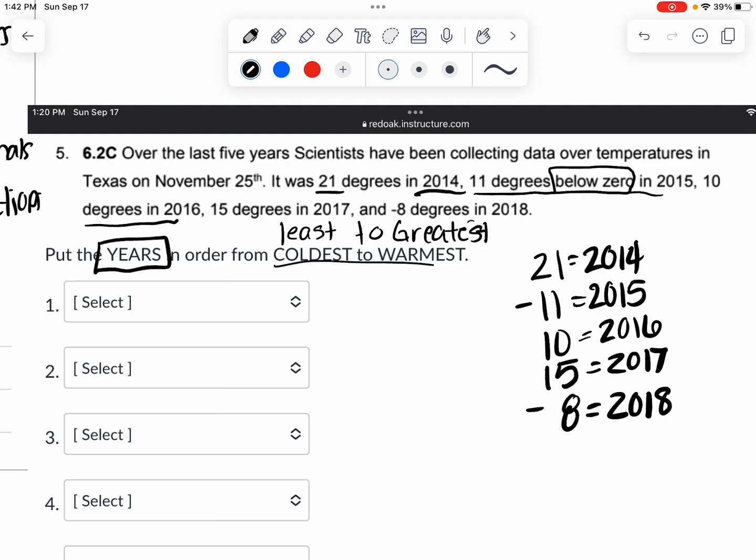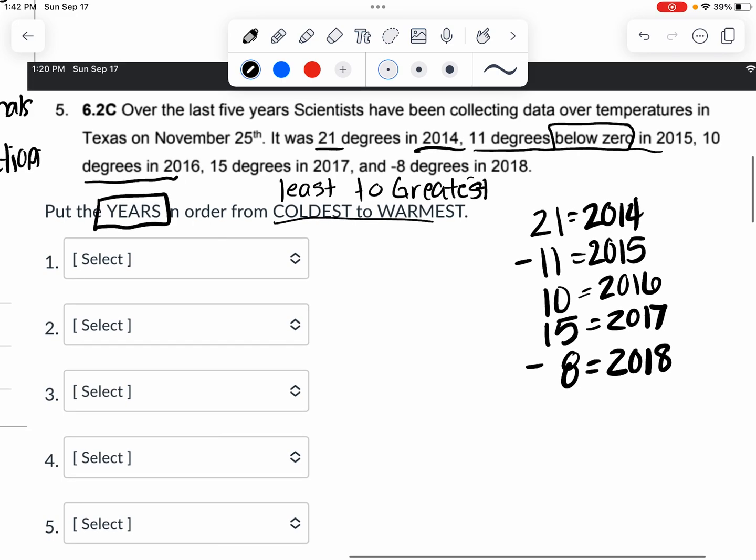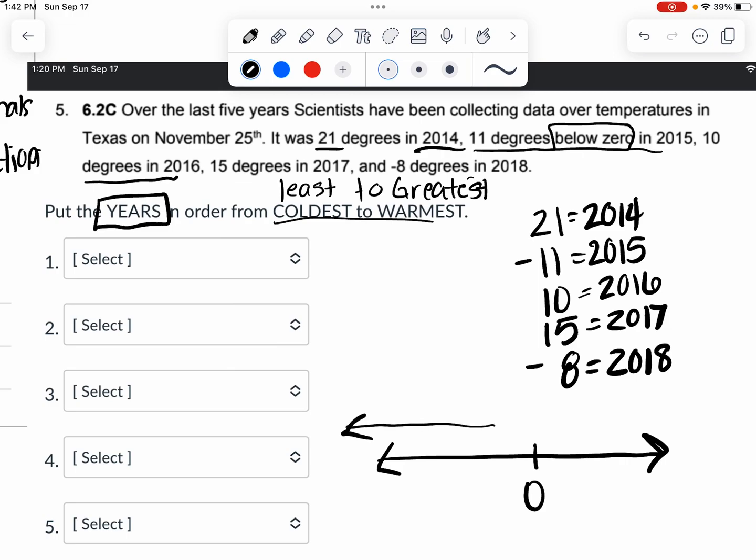Okay, so if I'm going least to greatest, I'm going to draw a number line to help me put these in order. Put my 0 here. So this means I'm going to start with the number that's going to be furthest left of the number line. So that is going to be negative 11. So that means 2015 would come first.